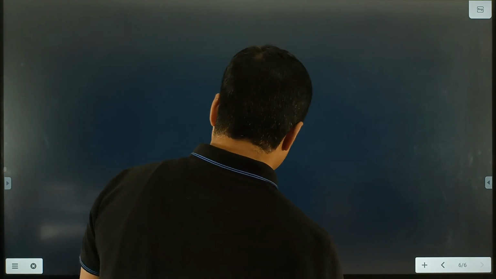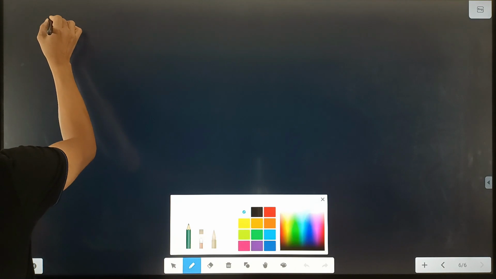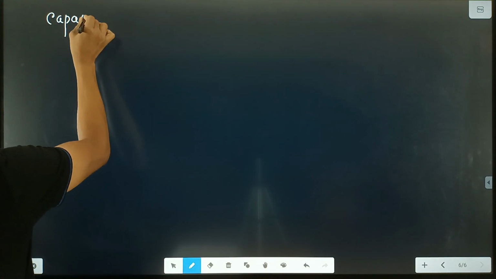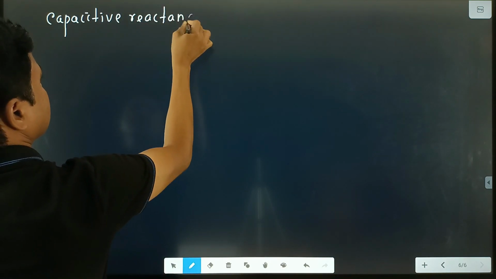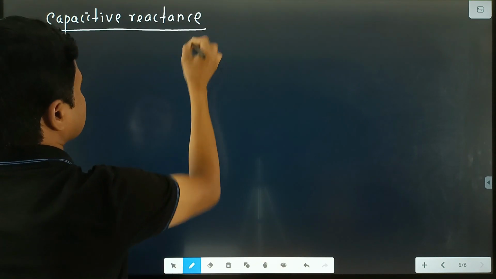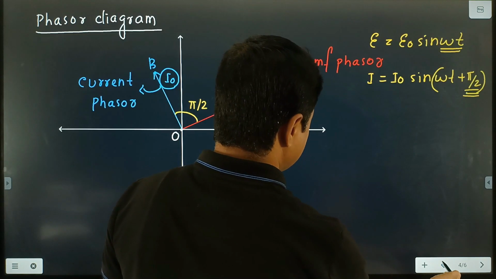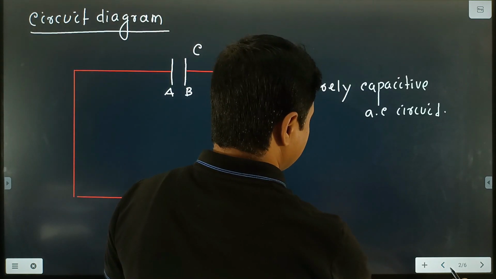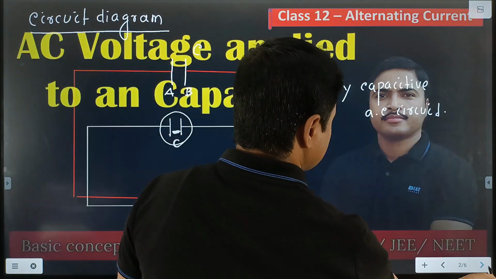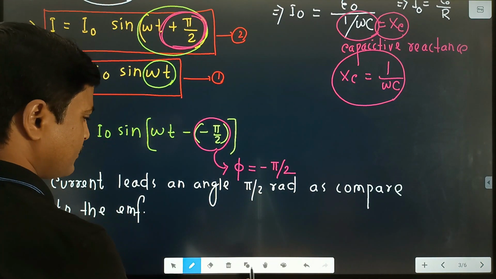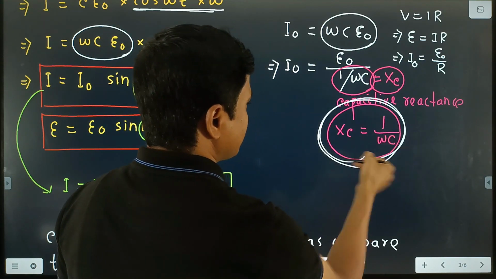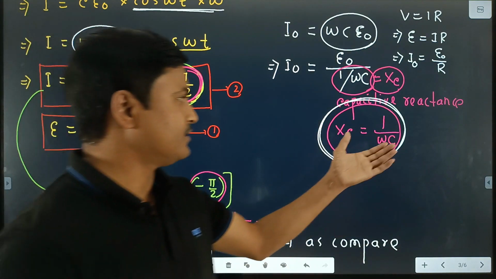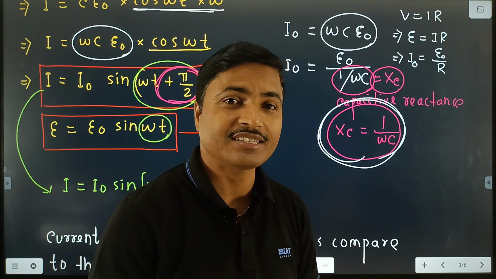Now, what is capacitive reactance? You know the expression of capacitive reactance, that is XC is equal to 1 divided by omega C. This is the mathematical expression of capacitive reactance.